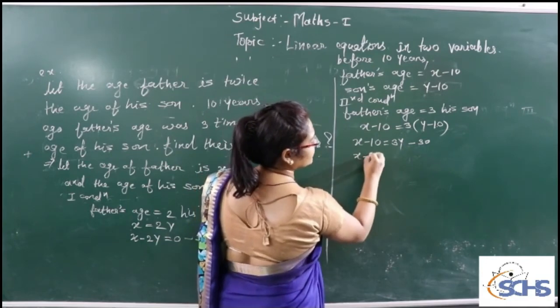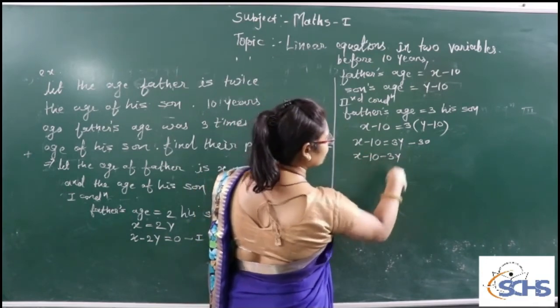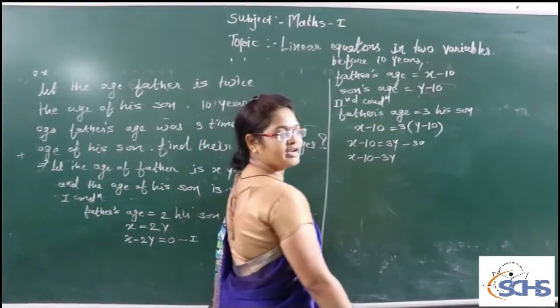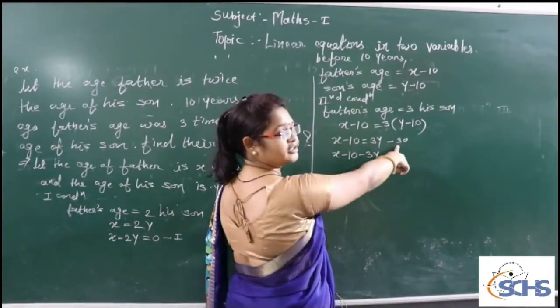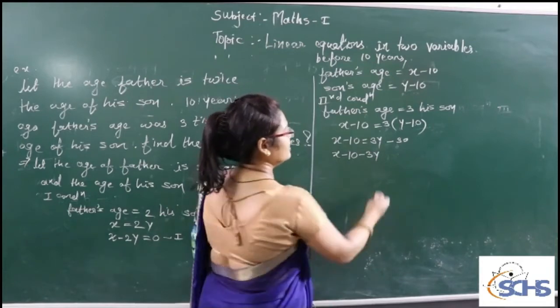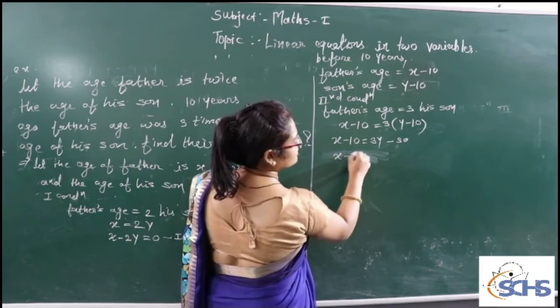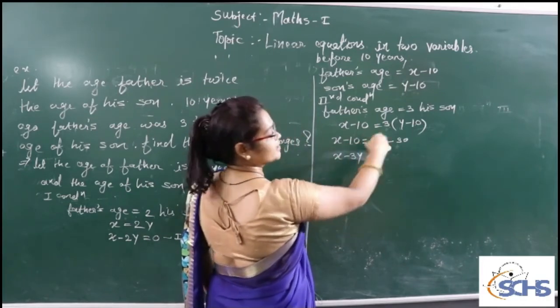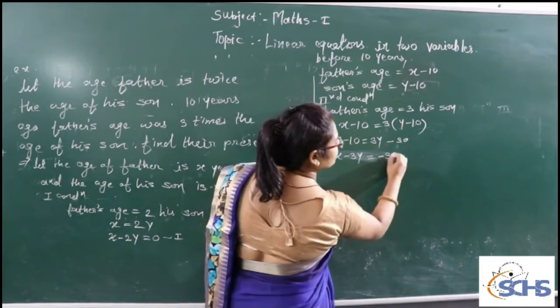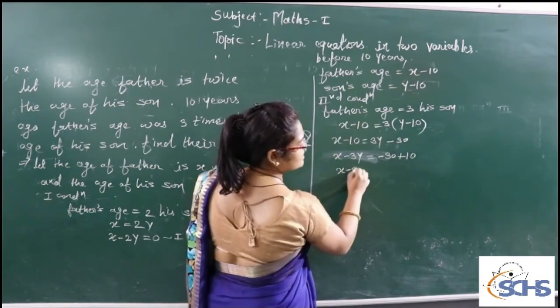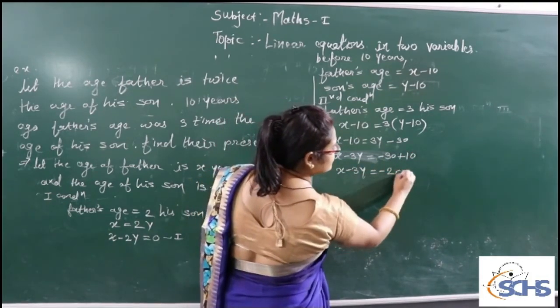x minus 10 minus 3y. See in first equation, okay, constant is given on right side, so we will write here constant also in right side. For that x minus 3y, we will shift this minus 10 to the right side. So this will be minus 30 plus 10, x minus 3y equals to minus 20.